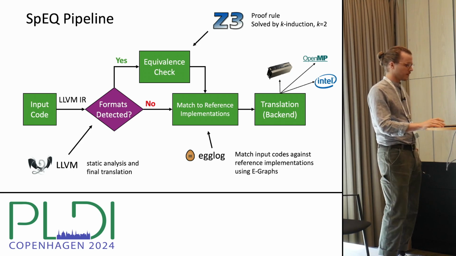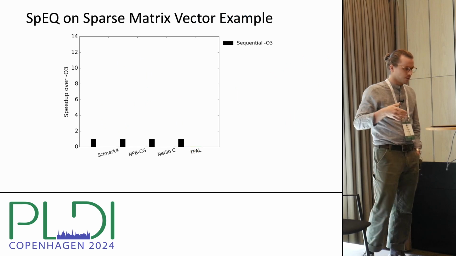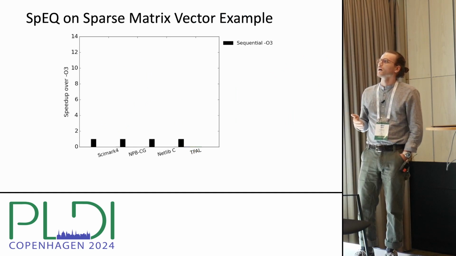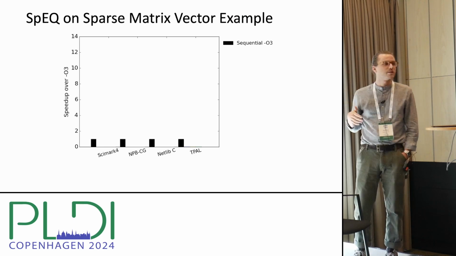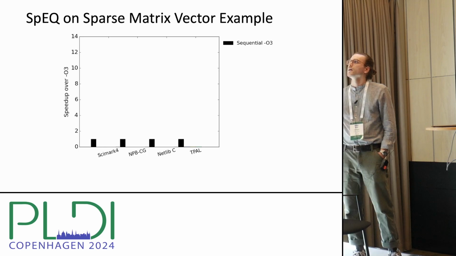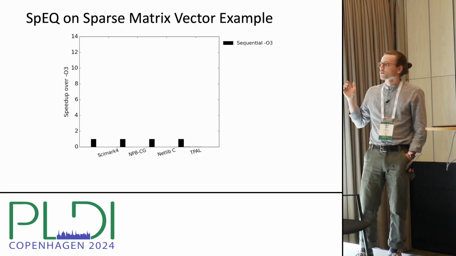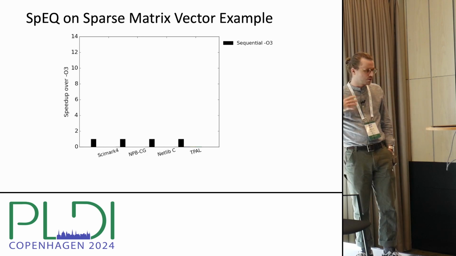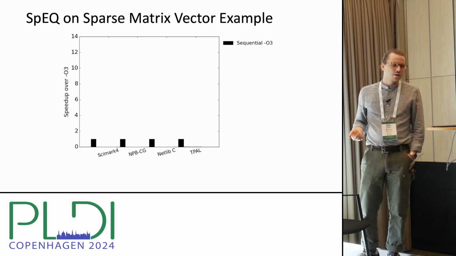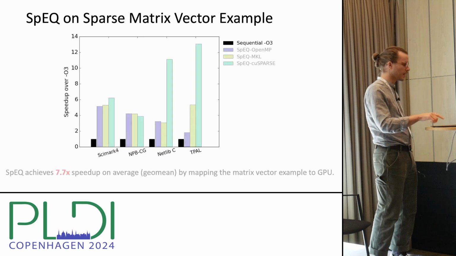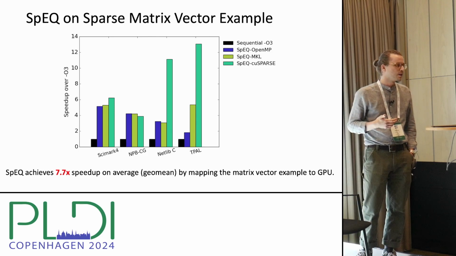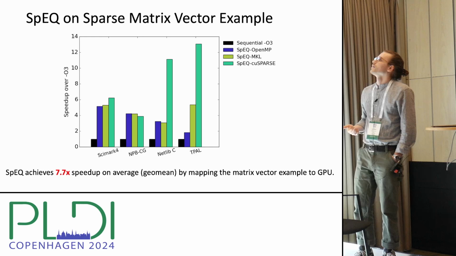We can take a look and compare what is possible just with this SPMV example that I showed in the previous slide. On some of the benchmarks we tested on, there were 4 benchmarks that actually had some kind of SPMV happening in there. And for this version of the paper, we support OpenMP, MKL, and cuSPARSE.